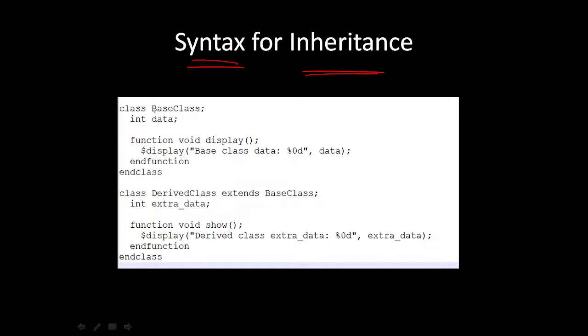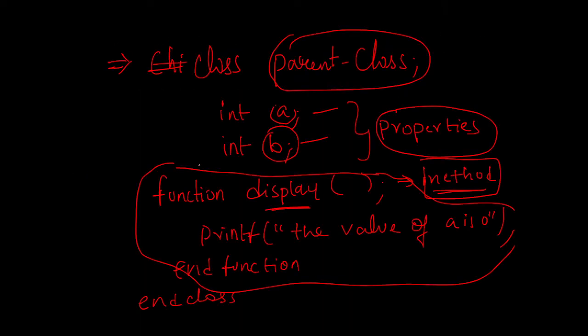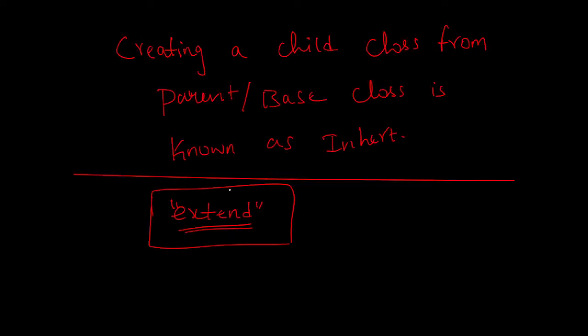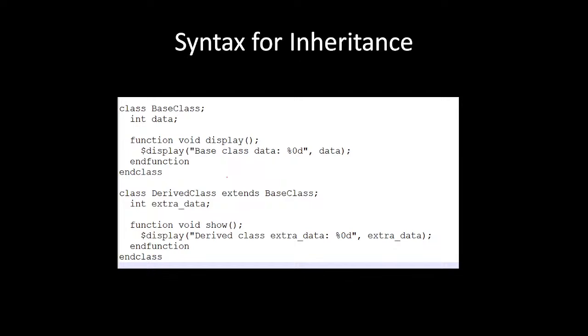We have declared a class called base class, and we have declared a property. Data is a property here, and it also consists of a method called display, which is of type void. Function void display, and we are displaying something with $display. Sorry, here I think I have written printf; it is not printf, it is $display. $display base class data is %d comma data.